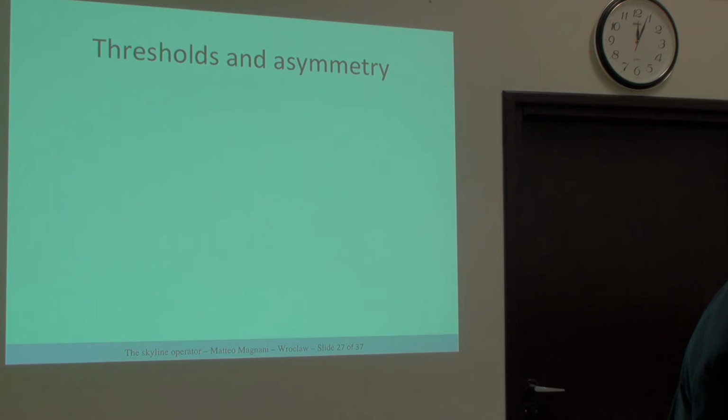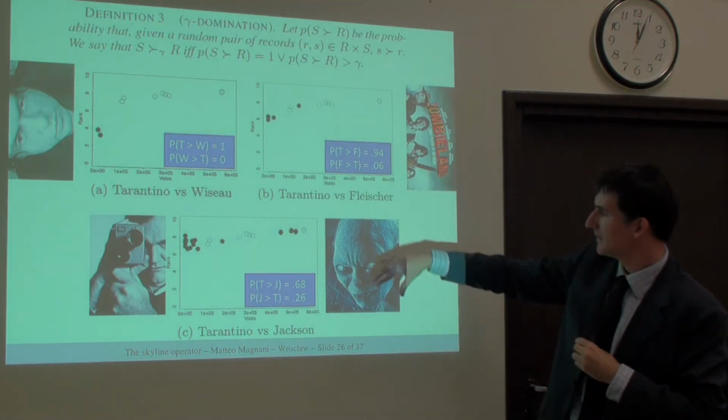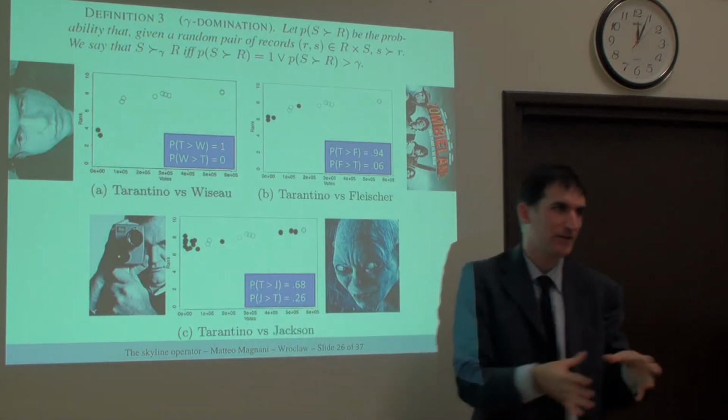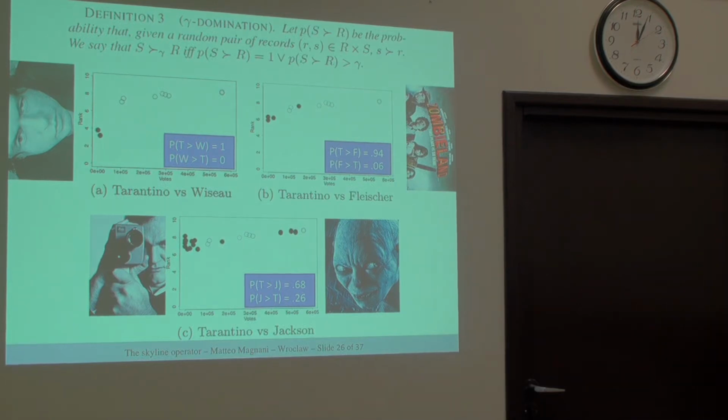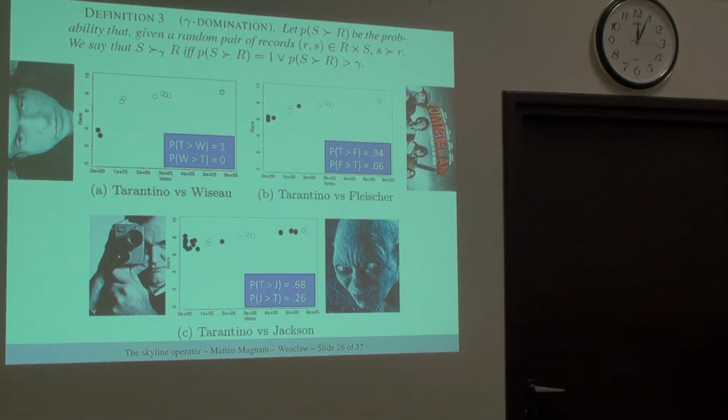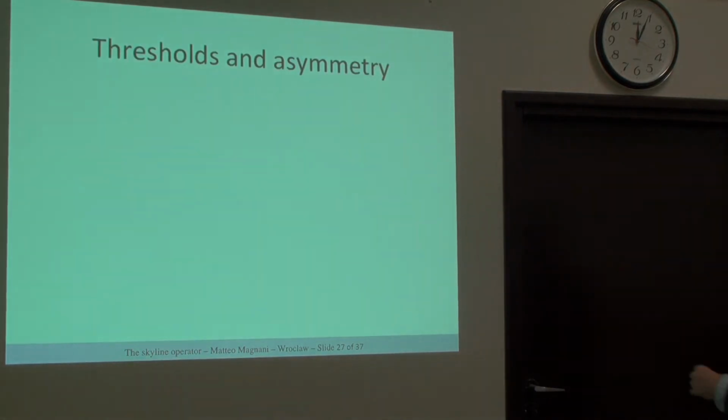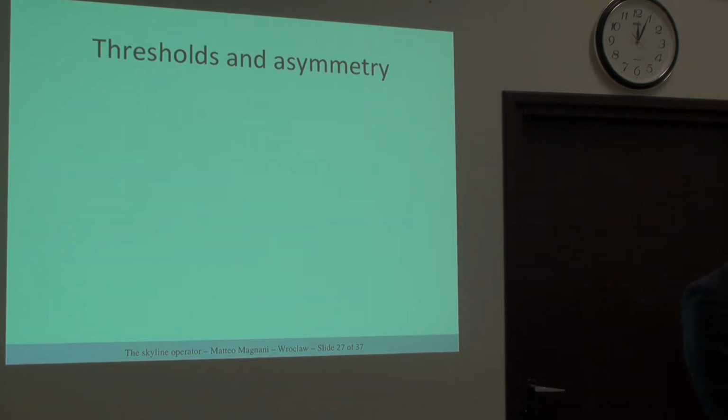So this was the main idea on how to apply this operator, which is very well defined on single records, to sets of records. A couple of things that are, I think, interesting is that for the single skyline operator that we have seen before, everything works very well.